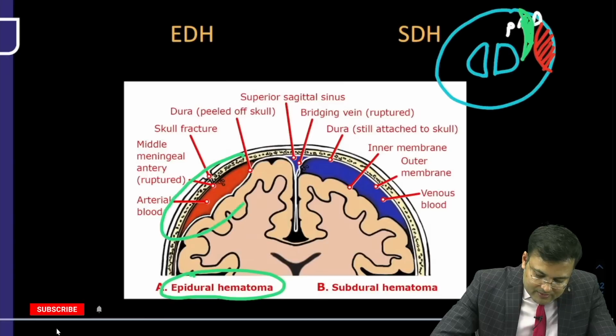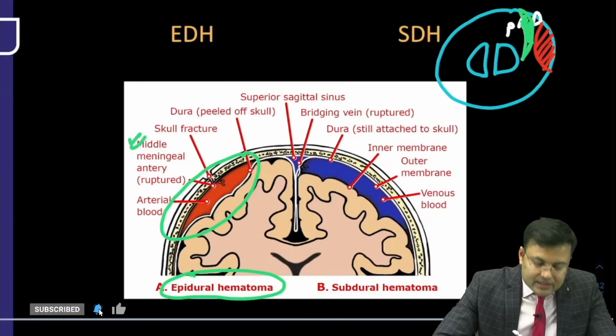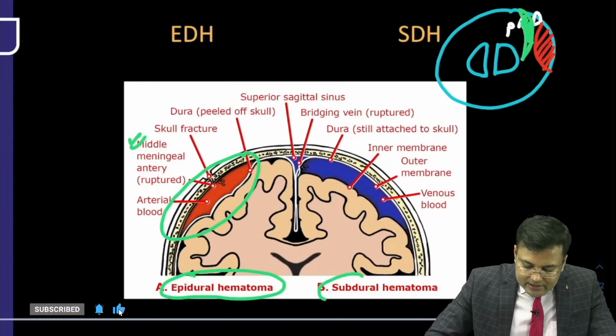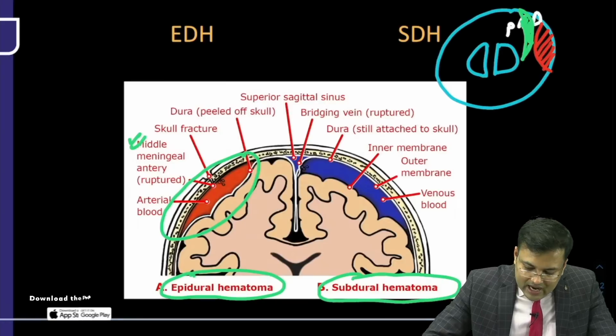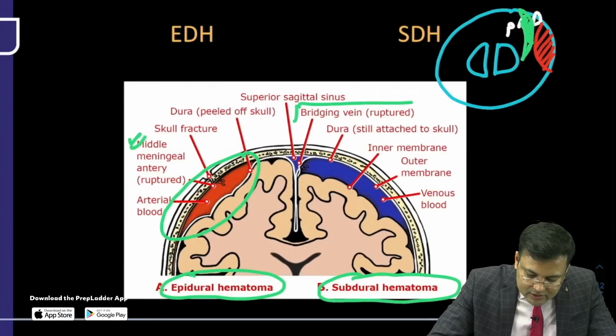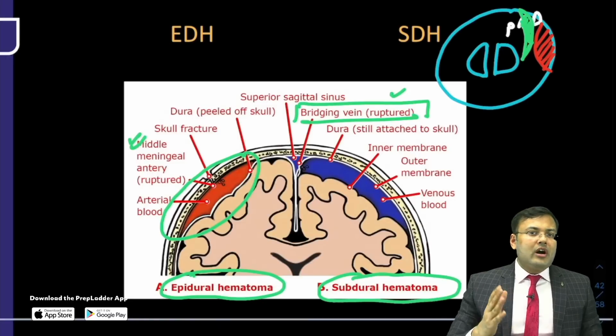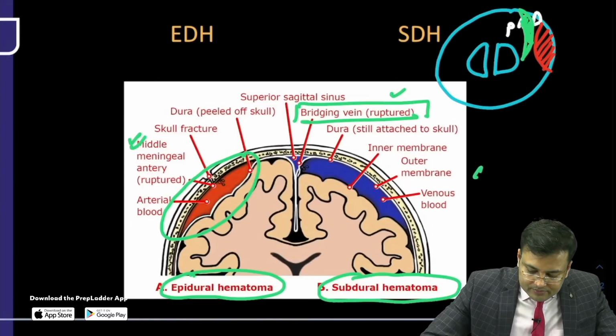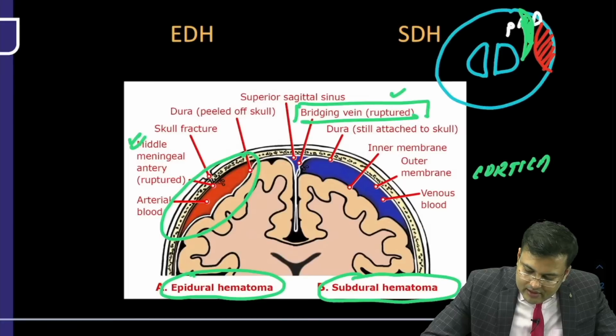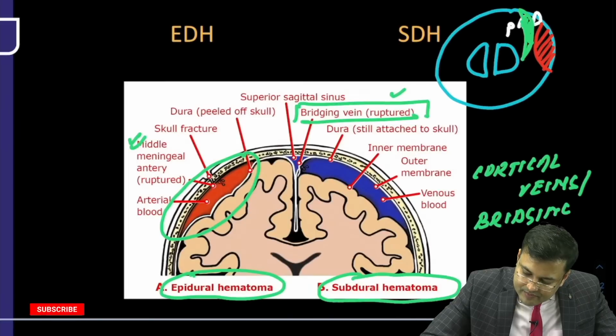Here there is collection of blood, which artery is injured? Middle meningeal. And in subdural hematoma, which artery is injured? This is the latest question. Cortical veins or bridging veins? This is the latest question, guys.